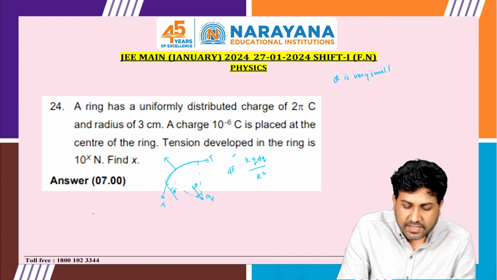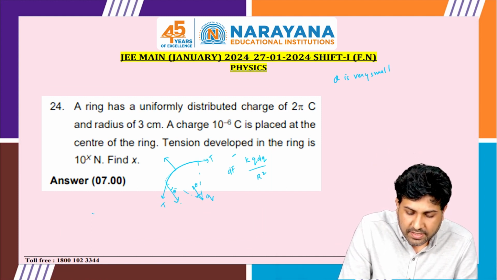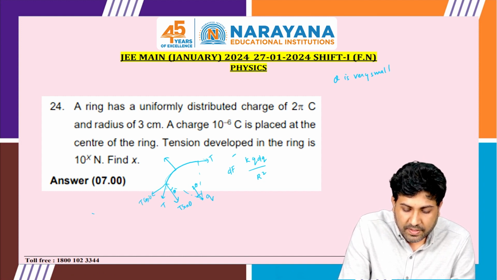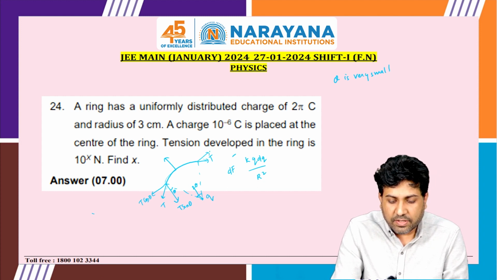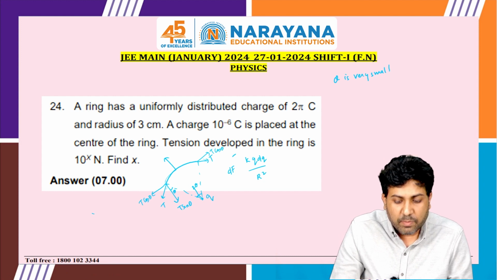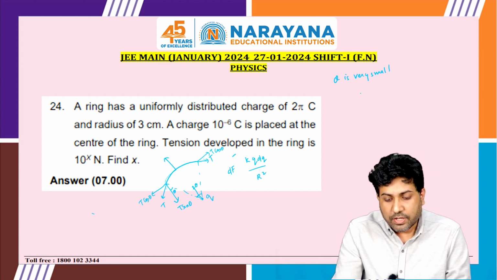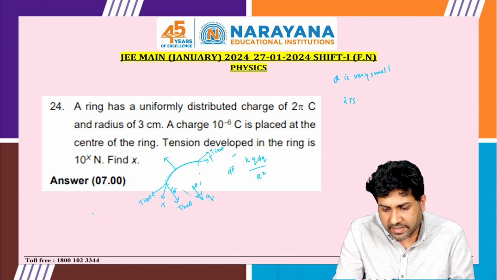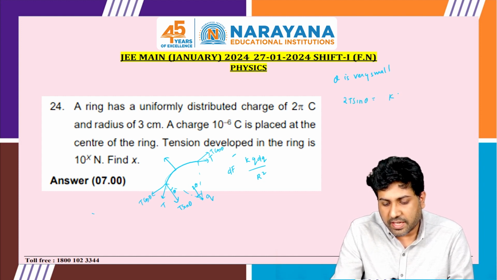So if this is T, that means this is T sine theta and this is T cos theta. T cos theta and here also T cos theta will cancel, and this T sine theta, or 2T sine theta, will balance the electrostatic force. So because the net force is 0, I will say 2T sine theta has to be equal to kq dq divided by r square.